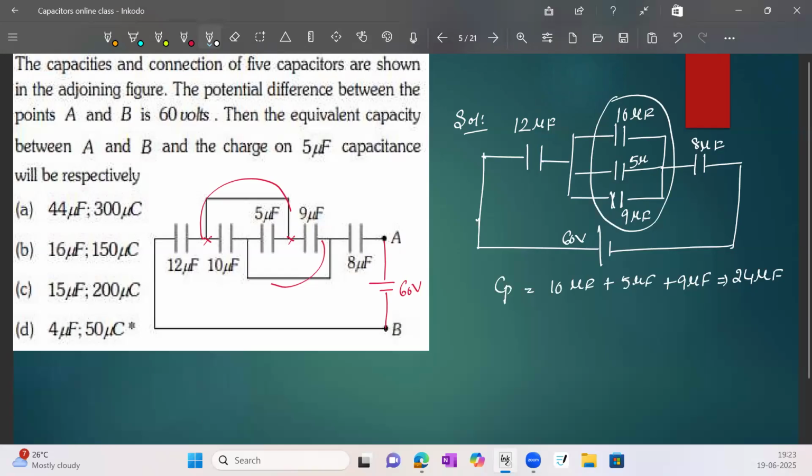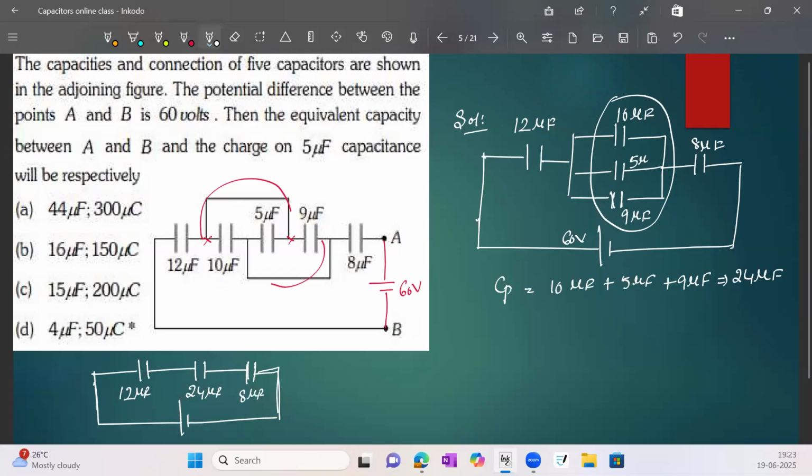Now the equivalent diagram we can write here: this is 12 microfarad, this is now 24 microfarad, and this other one is 8 microfarad.